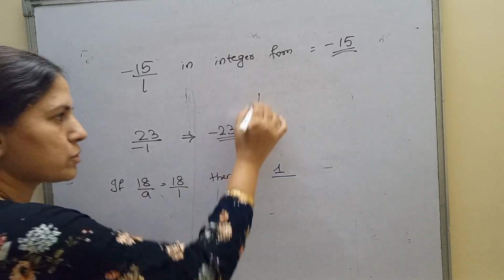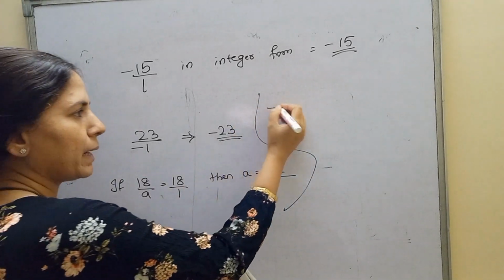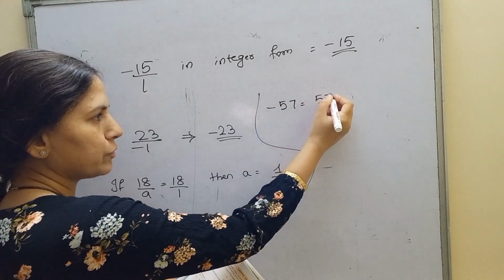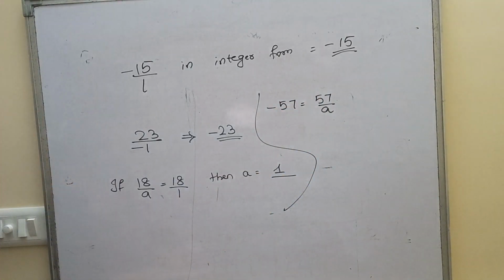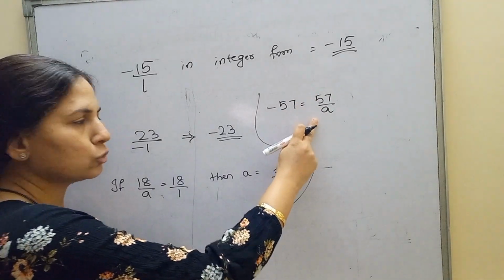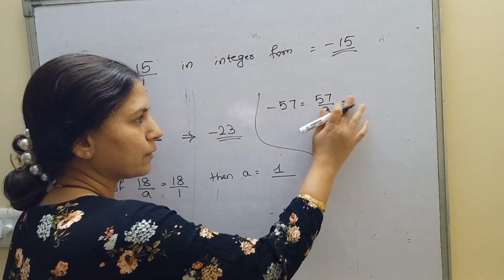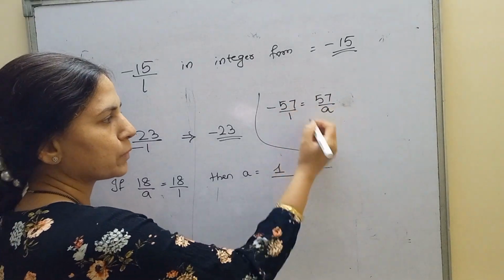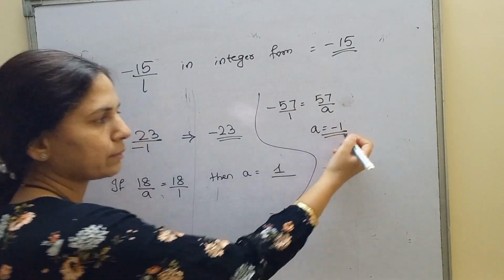One more tricky question. Minus 57 is equal to 57 upon a. Find a. Now my dear children, do you find any minus sign here? No. Then this means that we should put a is equal to minus 1.